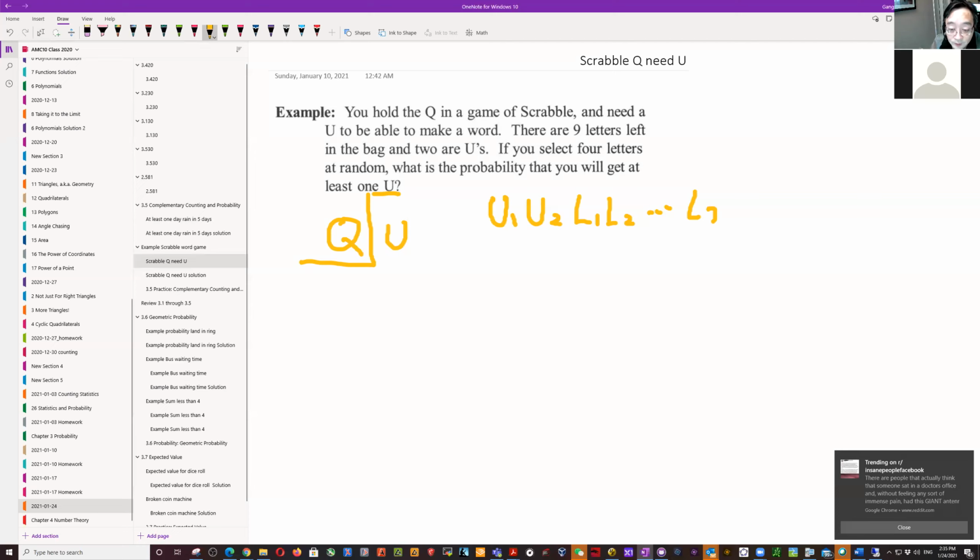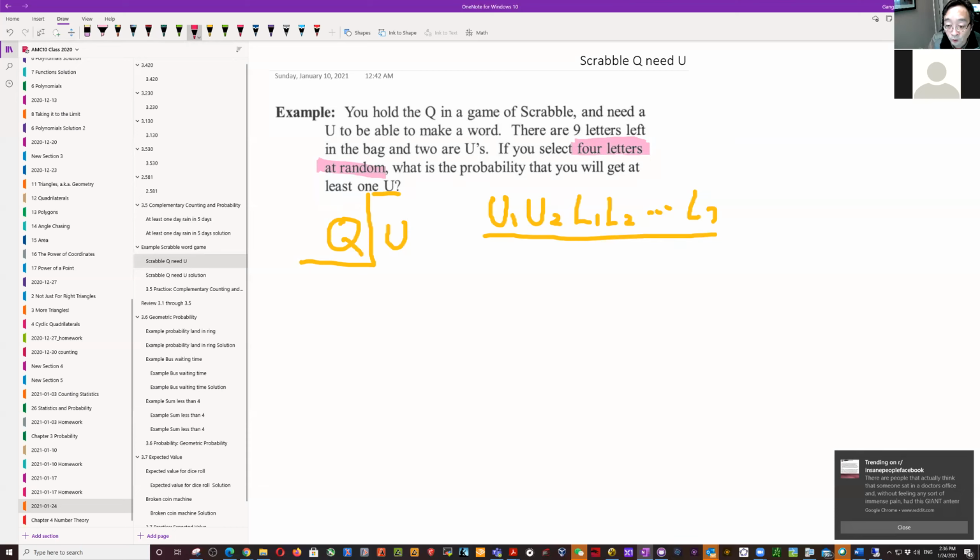So let's say we use an ordered tuple. What we are trying to do is choose 4 letters at random, so the data shape is a quadruple.